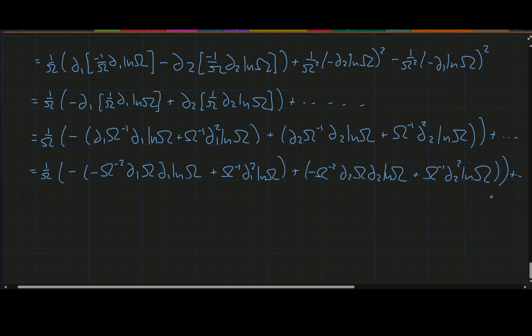Plus our dot dot dot. Okay, now if we write these a little bit differently, I'll do that and distribute some minus signs. Our natural log trick is going to kind of come back here.